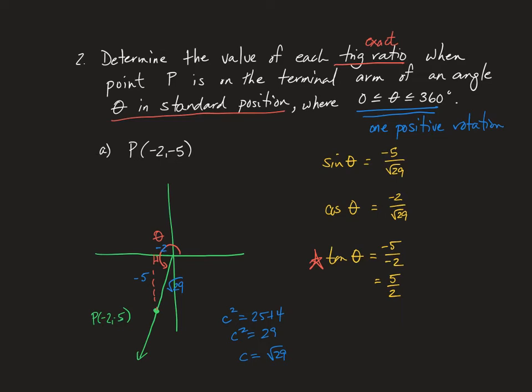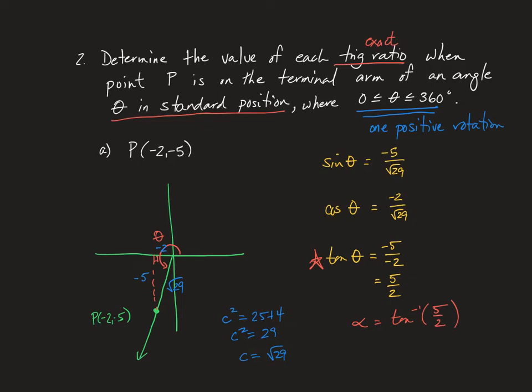I didn't have to calculate the hypotenuse, so any risk for mistake is lessened. So for me to go through then, I need to come up with the related acute angle. I'm going to call that alpha. So alpha would then have to be the inverse tan of 5/2.